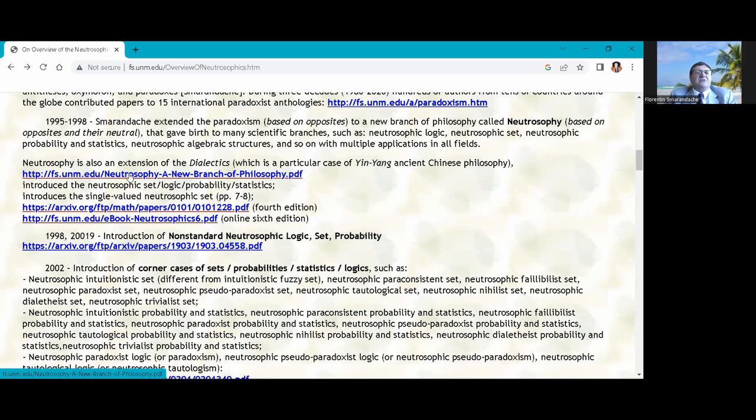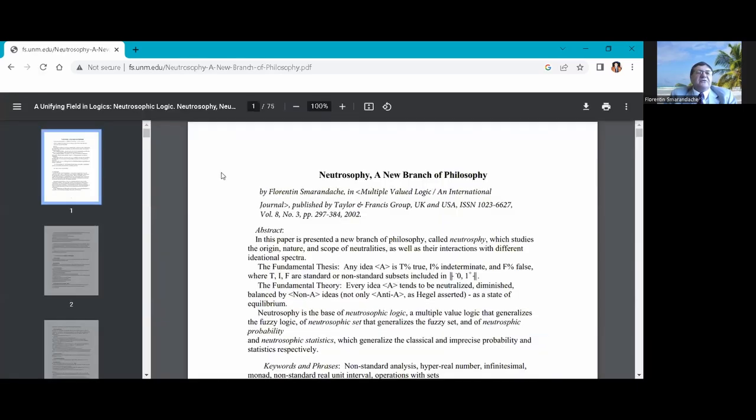So this was the paper published, and my first book on neutrosophics was published by a British journal, Multiple Valued Logic, which published also Neutrosophy, a new branch of philosophy, by the prestigious Taylor and Francis group in the United Kingdom and United States.